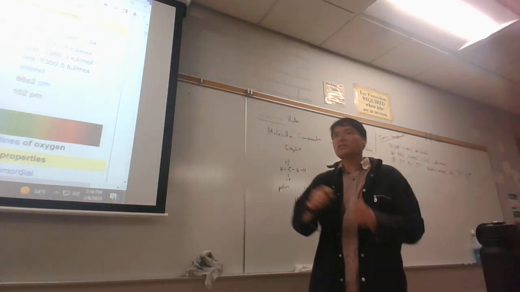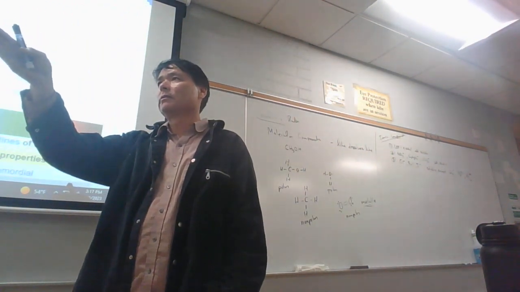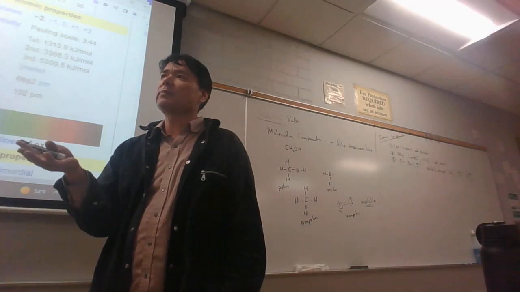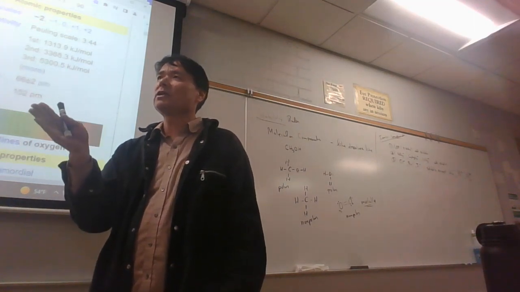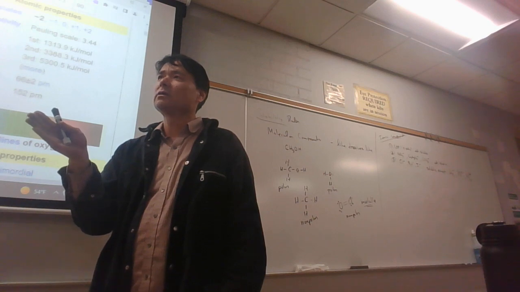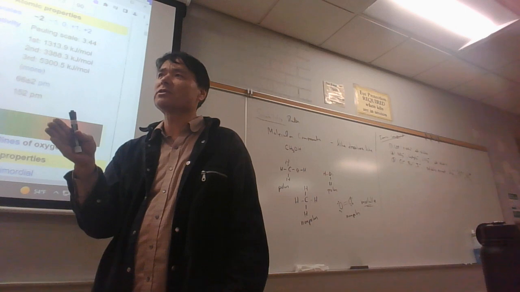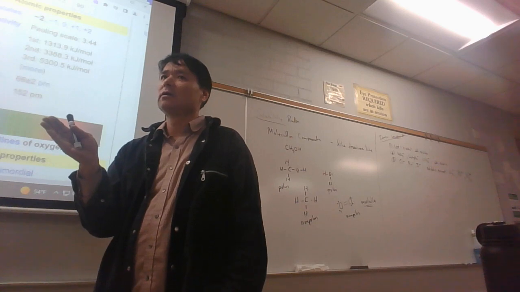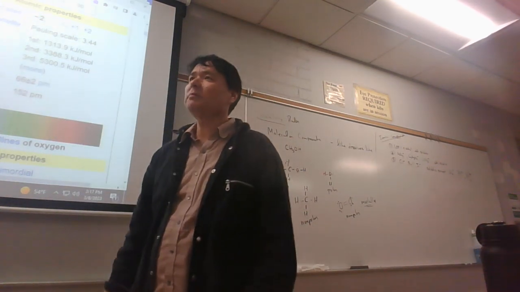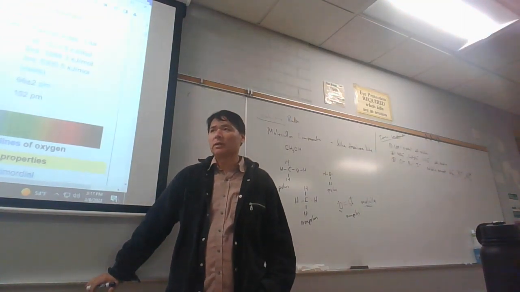Looking at the transition elements up to copper, the common charges are +2, +3. And then we hit copper. Copper is +1, +2. Silver is only +1. Gold is +1, +3. Zinc is only +2. Cadmium is only +2.